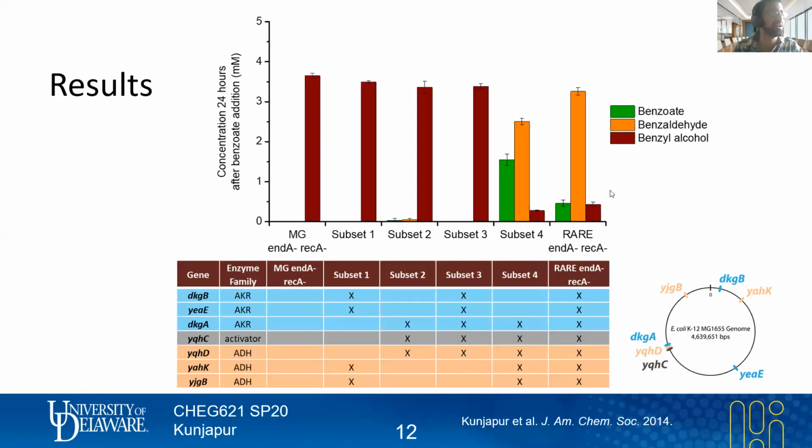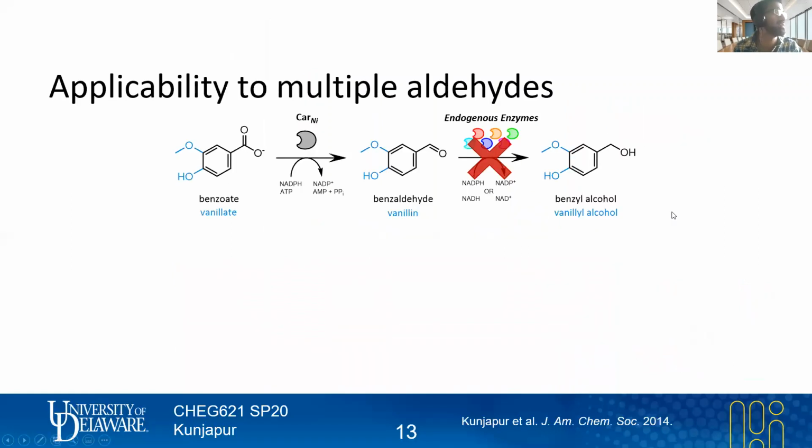Two quick points that I'll make before I transition onto our next topic. In the study we first looked at, we started to see that this could have applicability to more than one aldehyde.